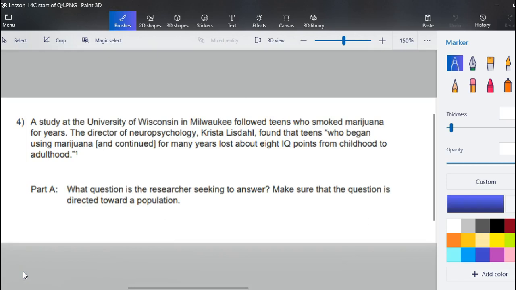We have one more study to look at in this lesson. Question 4. A study at the University of Wisconsin in Milwaukee followed teens who smoked marijuana for years. The director of neuropsychology, Krista Lisdahl, found that teens who began using marijuana and continued for many years lost about 8 IQ points from childhood to adulthood.